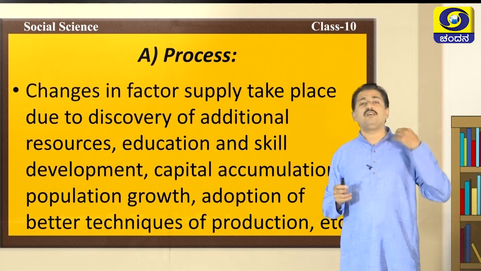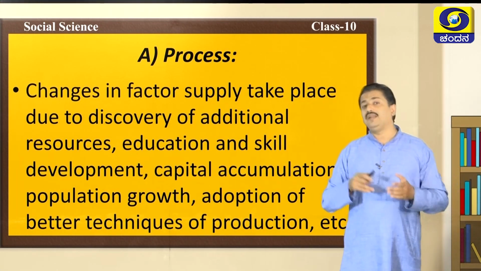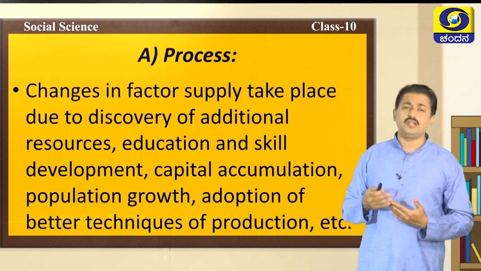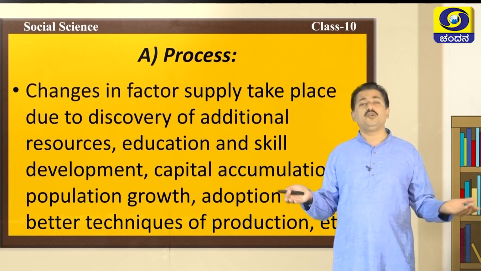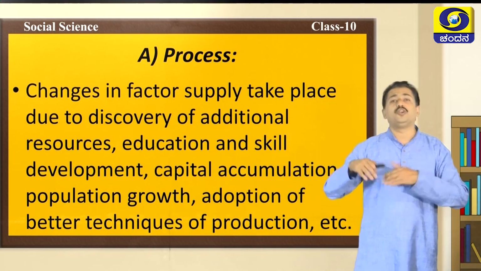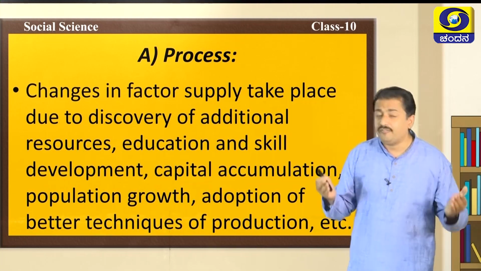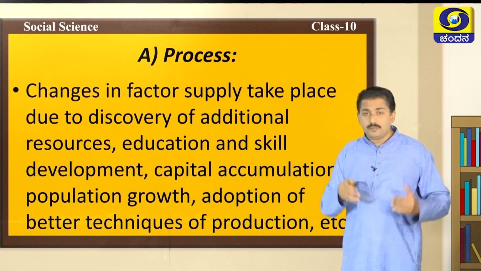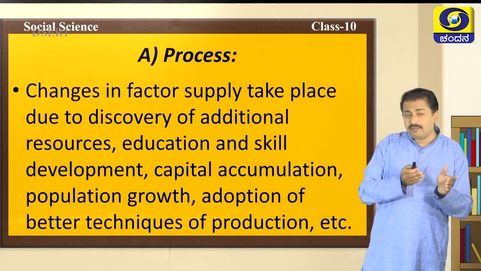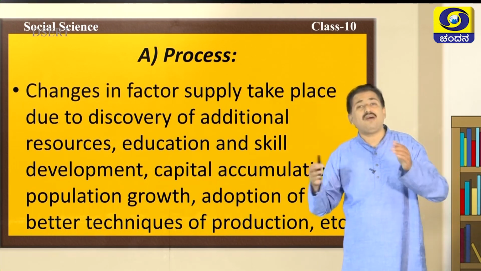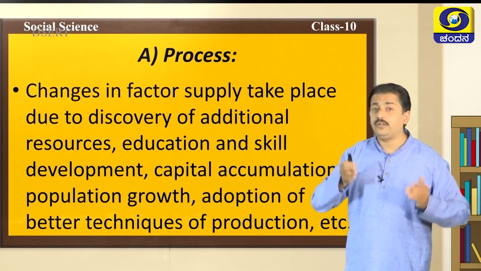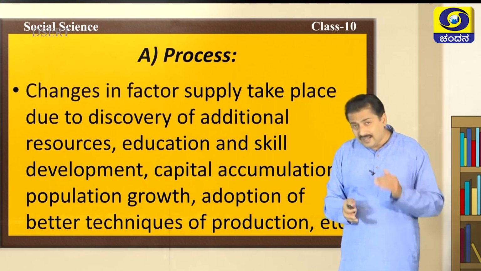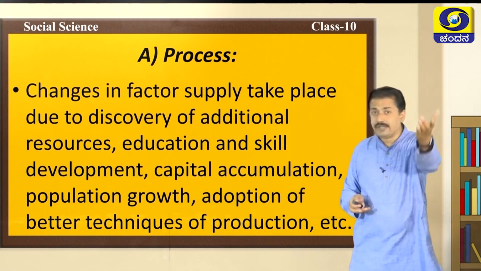For example, we were supplying mica to the world. Later, people of different countries started using alternative resources to mica, right? Synthetic fiber, synthetic mica came into being. So, in the process of economic development, new resources come into being. At that time, that again affects economic development.